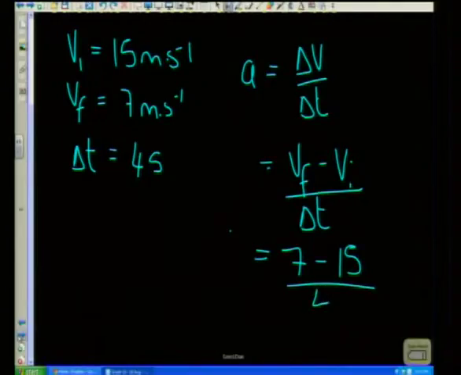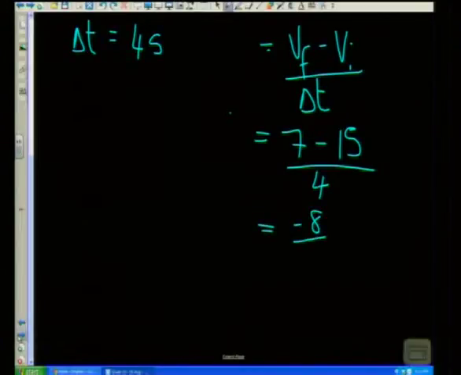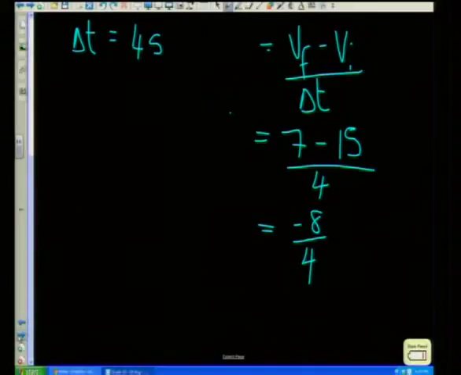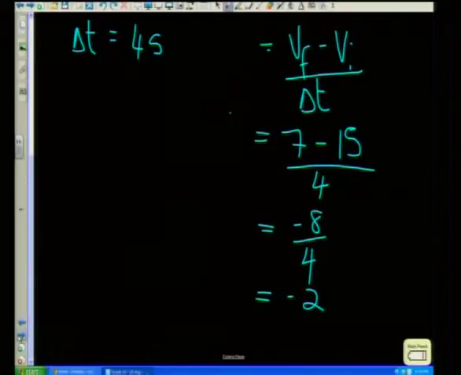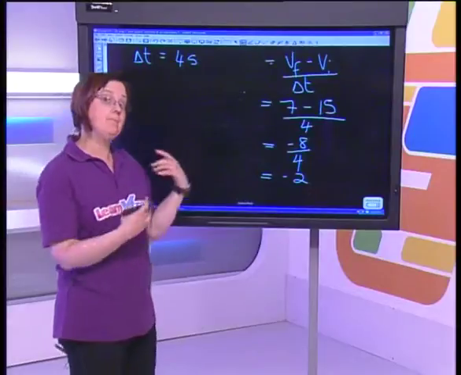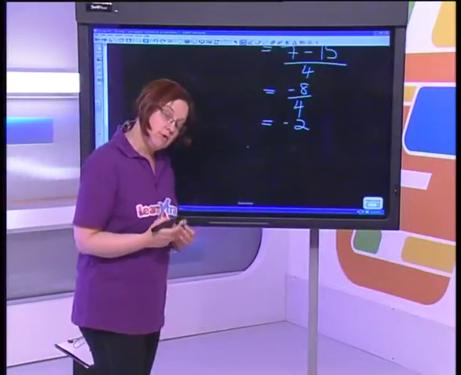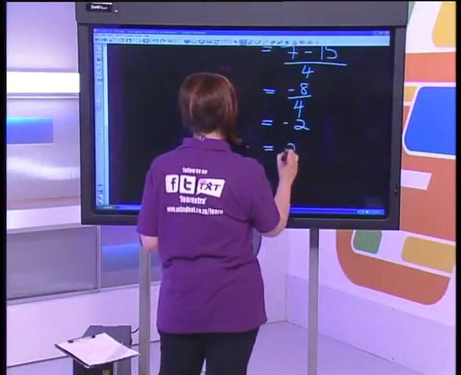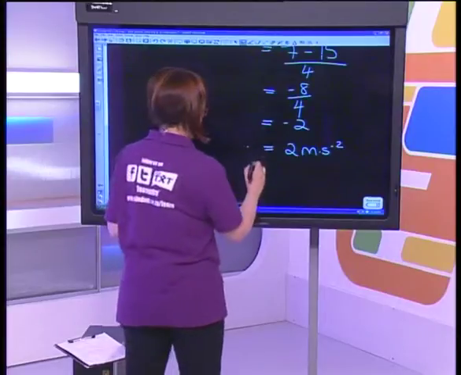And the time is 4. Now, if you go 7 minus 15, we get negative 8 divided by 4. Negative 8 divided by 4 is negative 2. Grade 10s, we don't leave our answers as negatives. We need to write it as a positive answer with a direction. Negative answer, not acceptable. So it's 2 meters per second squared.